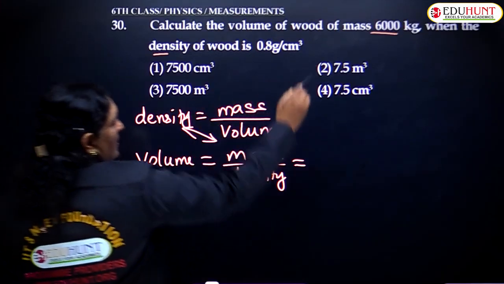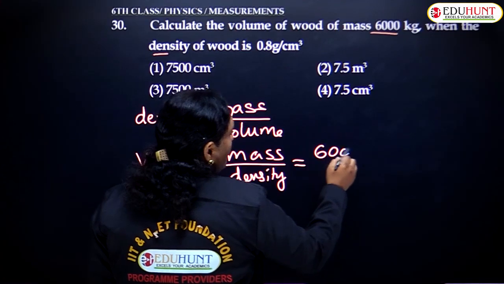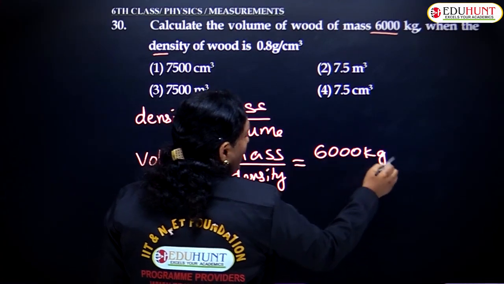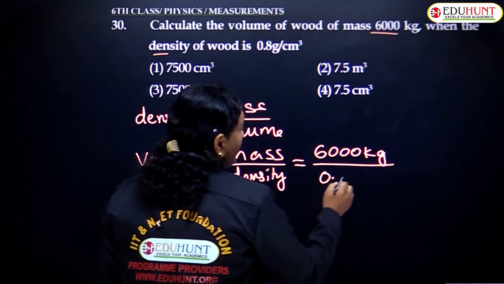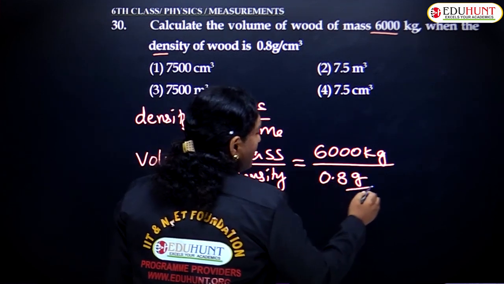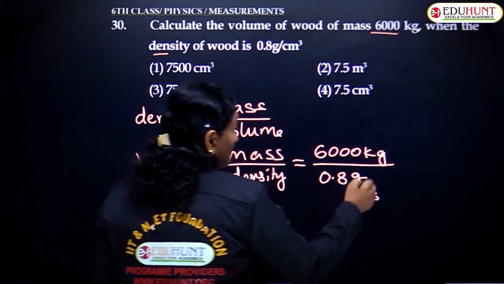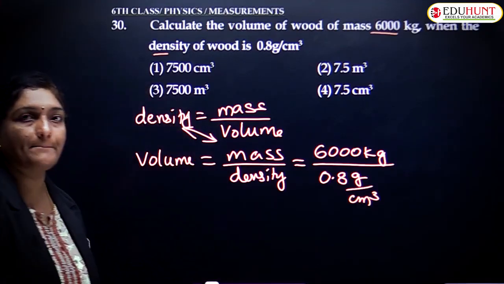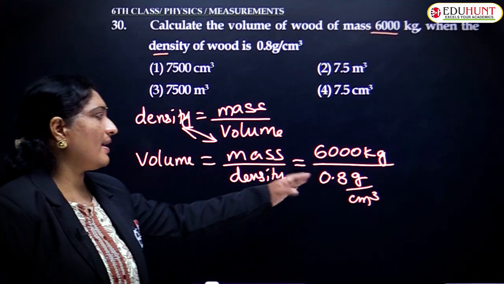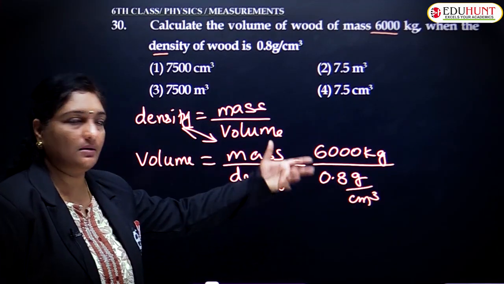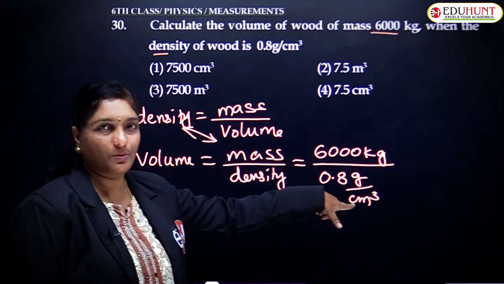How much mass is given? 6000 kg upon density 0.8 gram per centimeter cube. This is in kgs and this is in gram per centimeter cube. So what shall we do? Either we convert the density, but gram per centimeter cube you may find difficult.